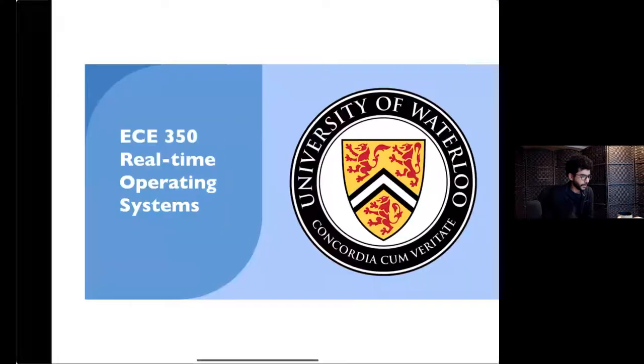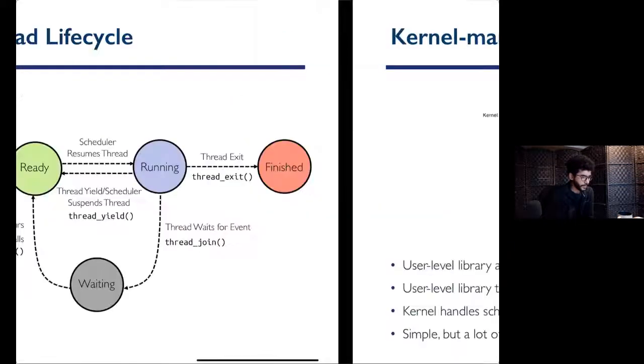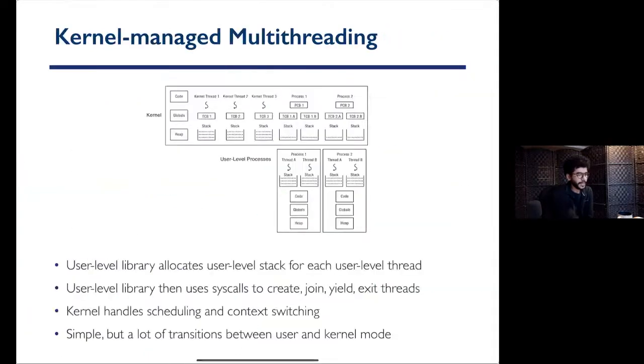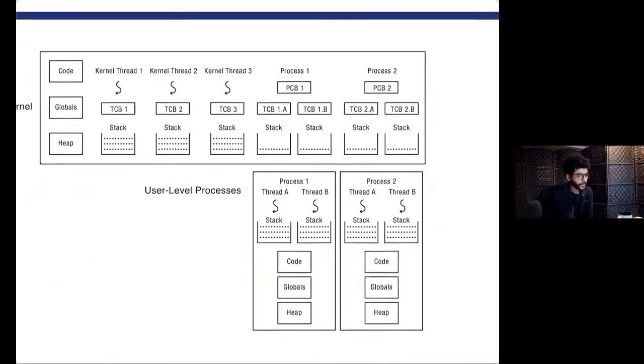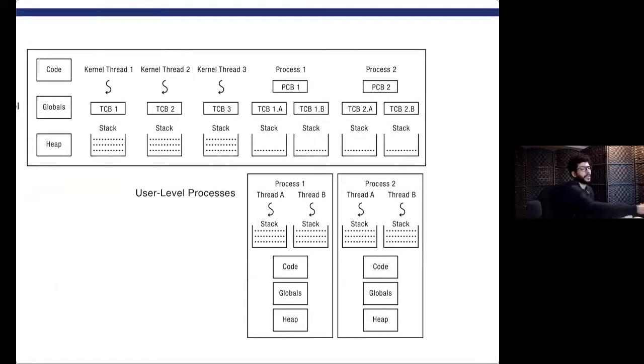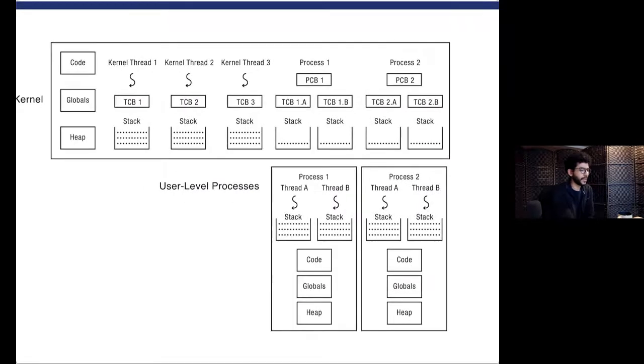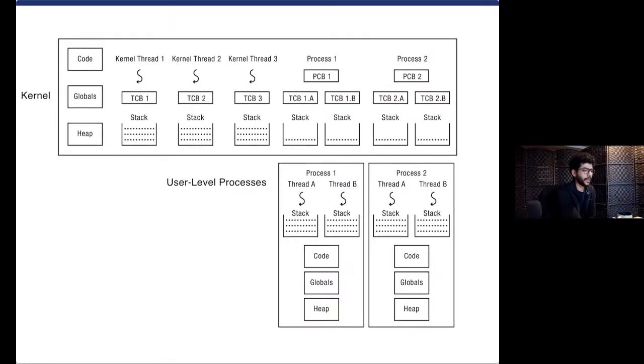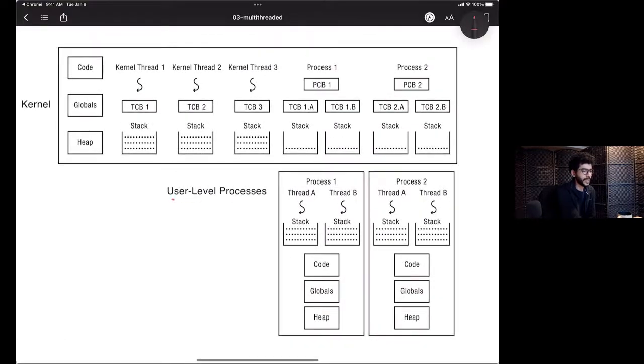This is basically how it looks. Here I have the user level processes. Let's say process 1 and process 2, and let's say each one of these has 2 threads.